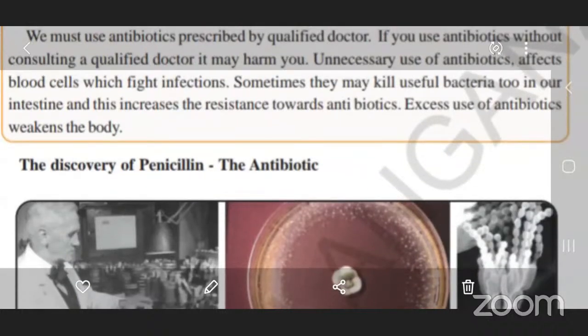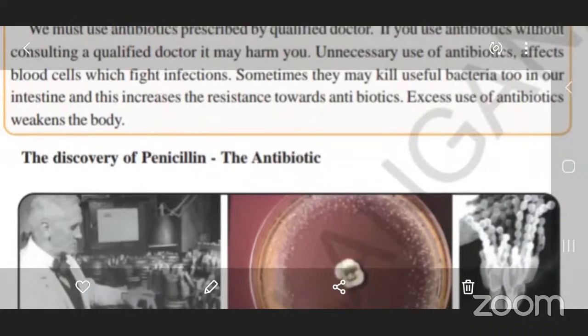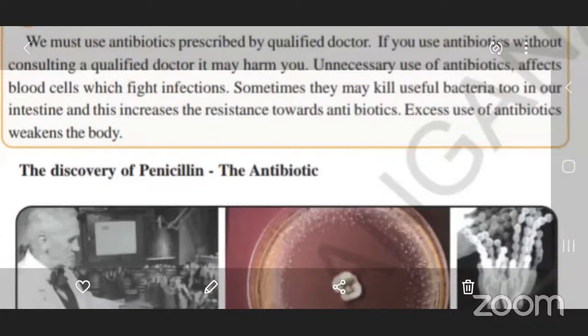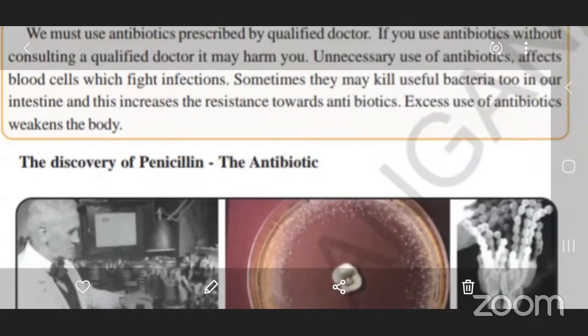Sometimes they may even kill useful bacteria, because in our intestine useful bacteria are there which help in the digestion of food materials.